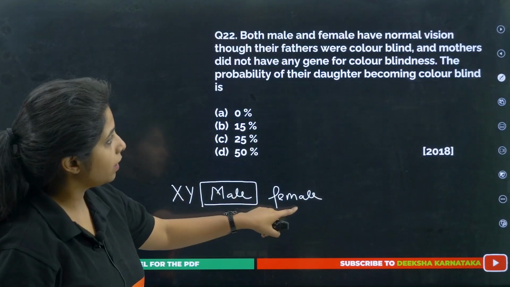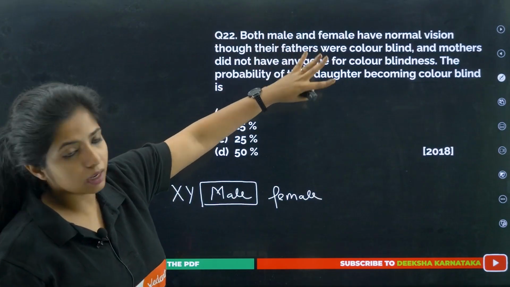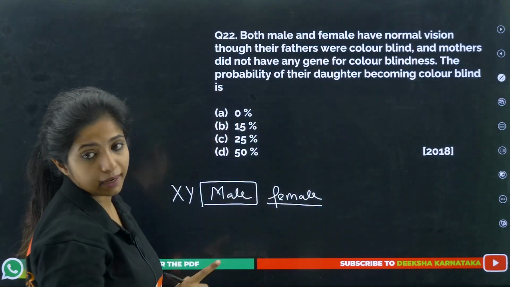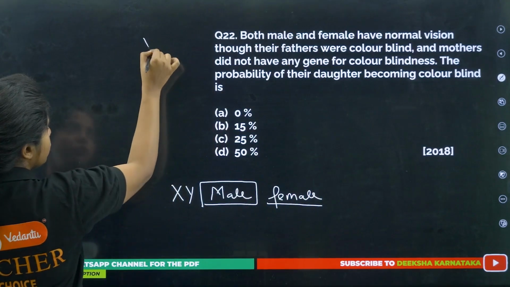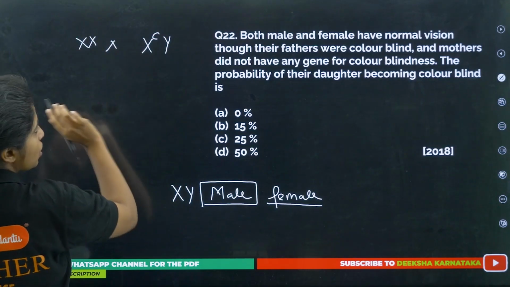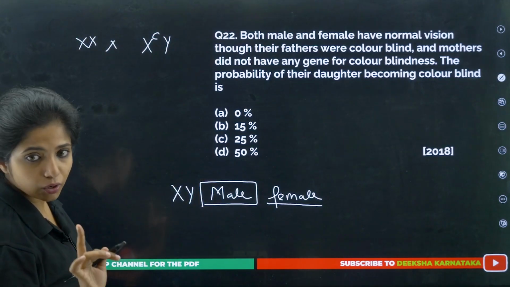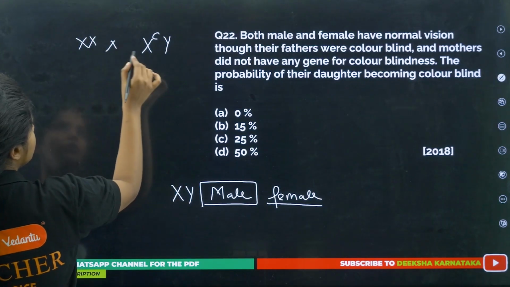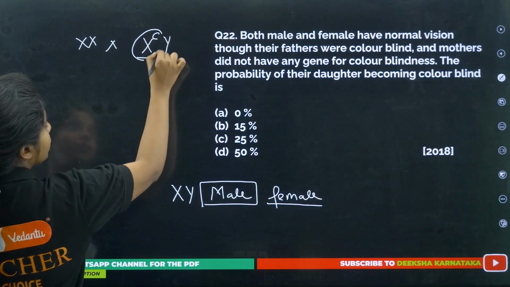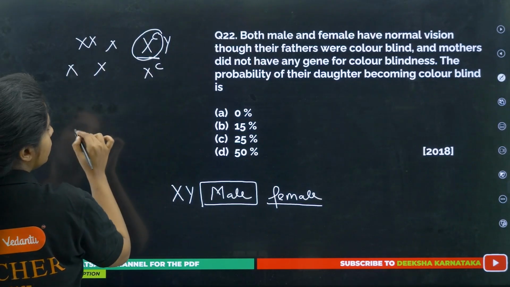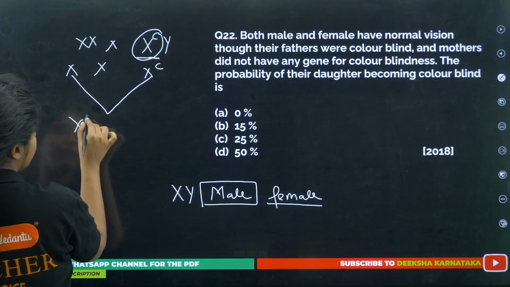But in the case of the female, it said they have normal vision, but the father was colorblind. Now you think: the father is colorblind, suppose the mother is not colorblind. Anyhow, whatever you do, the father will be contributing his X, right? Even when it crosses with this, you get XCX.